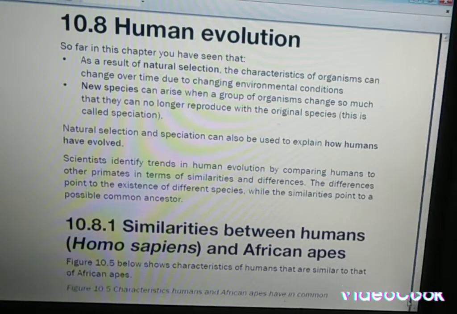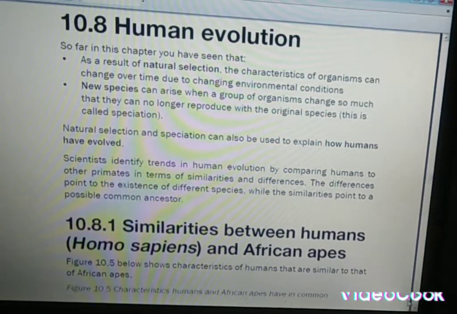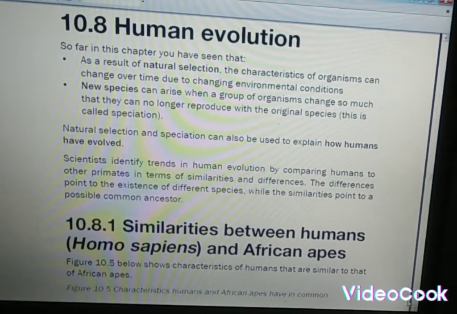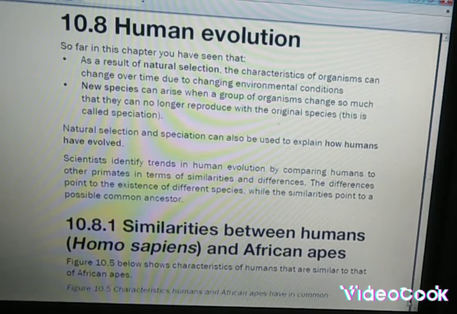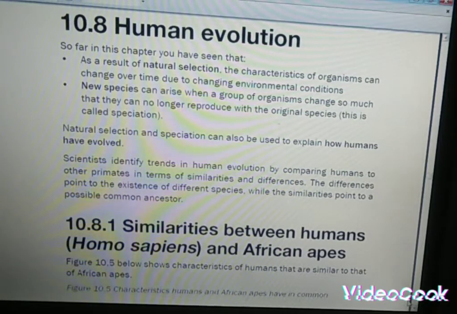So with that being said, this natural selection and speciation, scientists have used it to explain how humans have evolved, right? They've identified trends in human evolution by comparing humans to other primates in terms of similarities and differences.